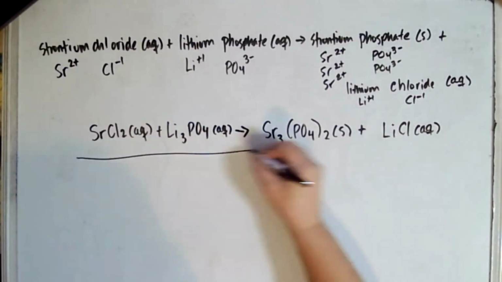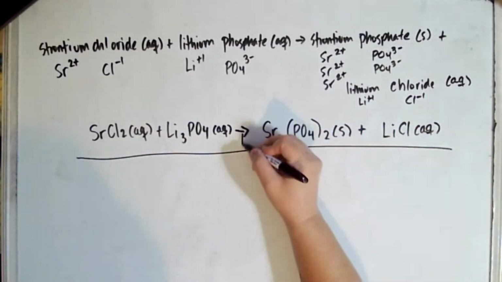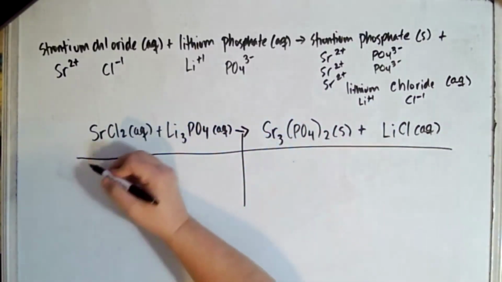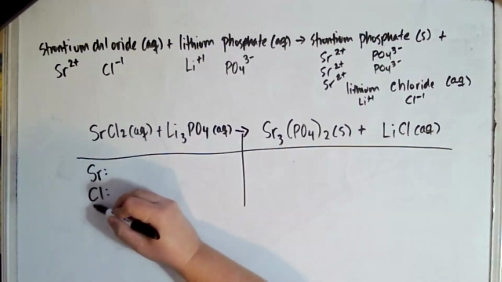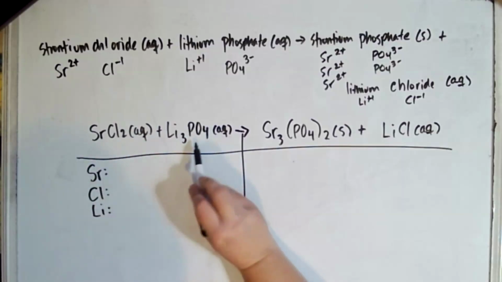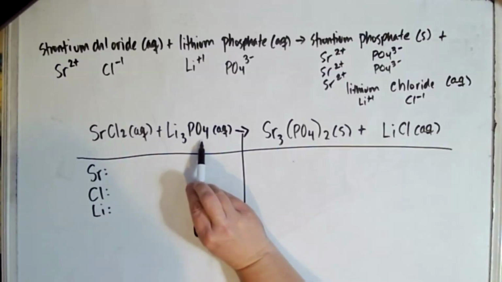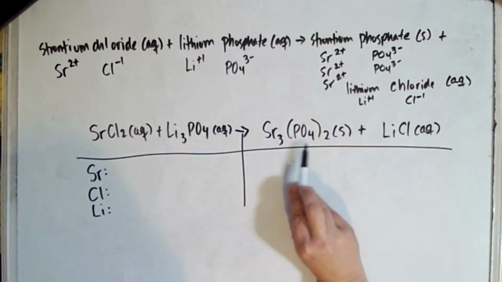Okay. So now our next step doesn't change. We're going to keep track of everything on each side. We've got strontium, chlorine, lithium, and I'm going to keep my phosphate together as a unit because I have phosphate on this side and I have phosphate on this side.